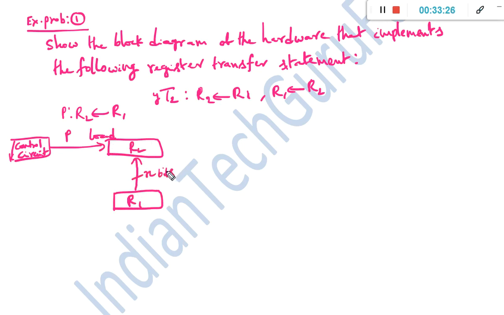N bits will be moved from register R1 to register R2 in a particular clock pulse. Okay. So this was the diagram for P colon R2 assignment R1.